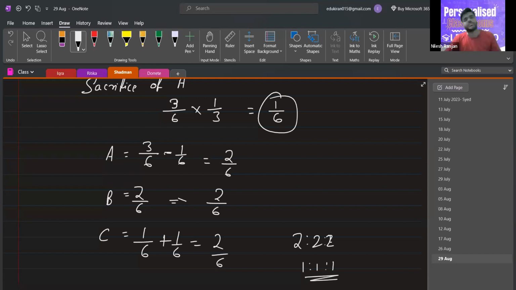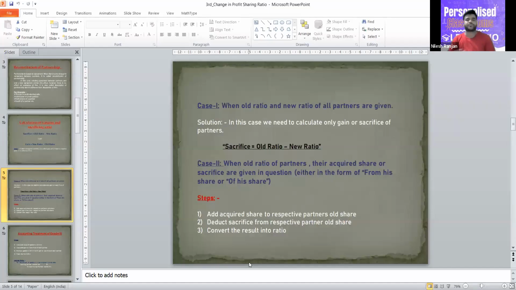So these are the two cases of gaining, sacrificing, or new ratio. You can see the theory here. First, add the acquired share to the respective partner's old share.